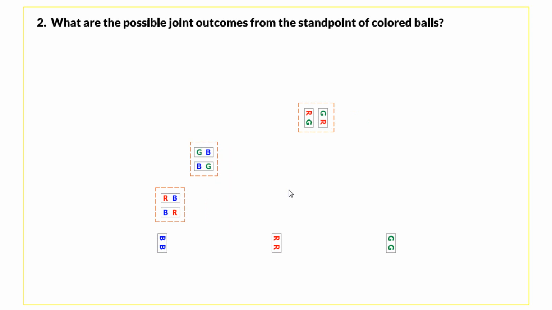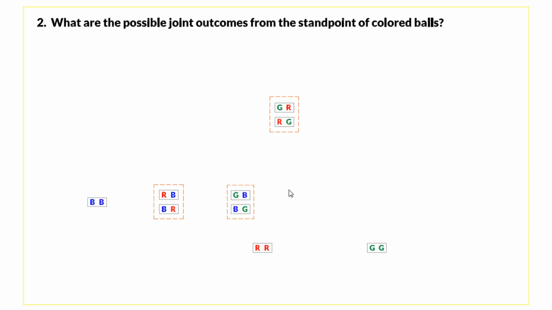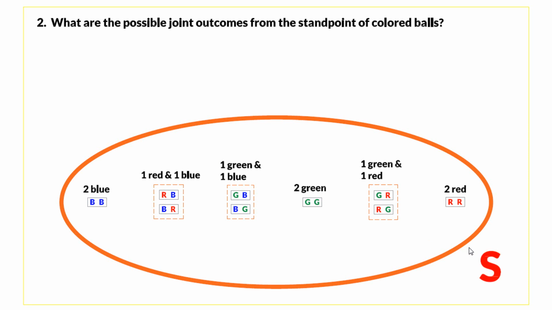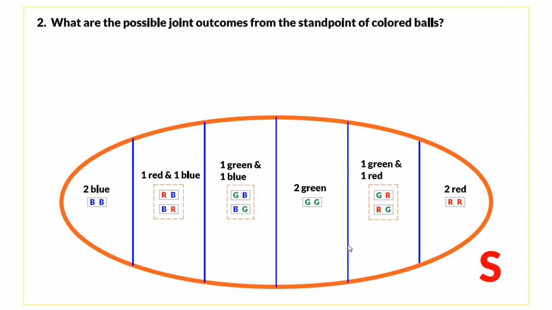We turn them around and we will place them in order. And now these events are disjoint events and their union is the sample space. We write the name of each one and they form a partition in the sample space.